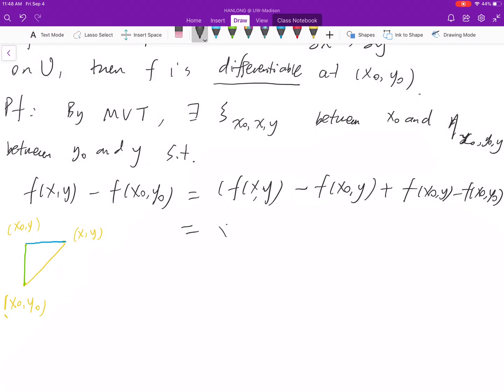So the first one is the blue one. For the blue one, by the mean value theorem, you view it as a function of x, y is fixed.